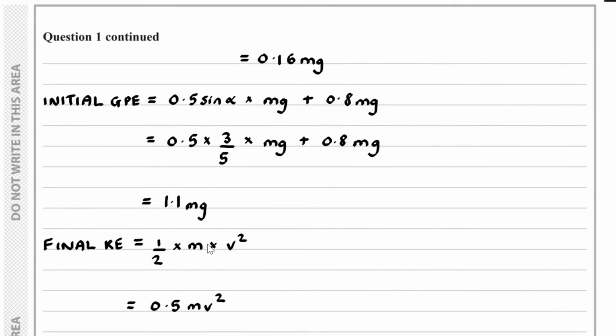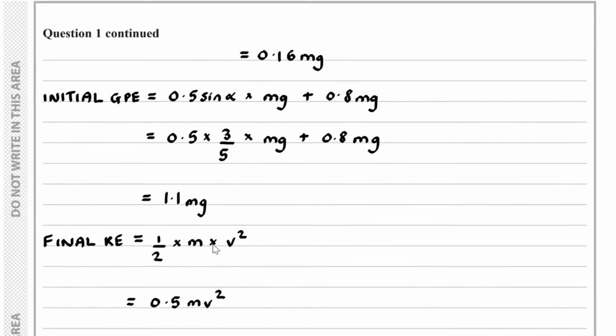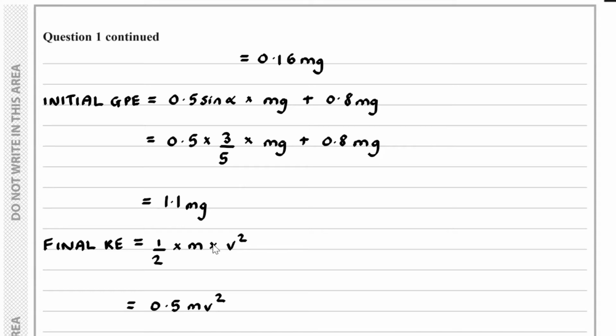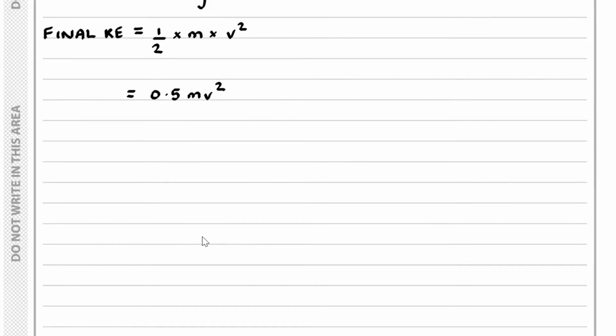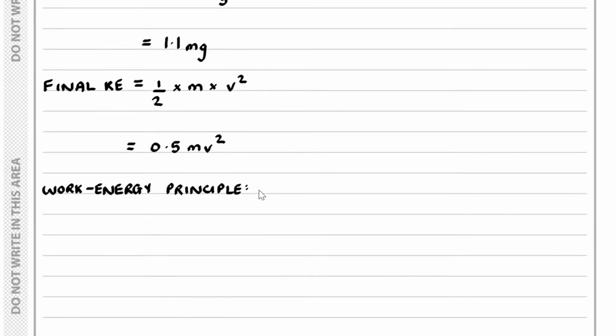And so if we apply the work energy principle, the energy lost is equal to the work done against friction. So using the work energy principle, we have 1.1 mg minus 0.5 m v squared.